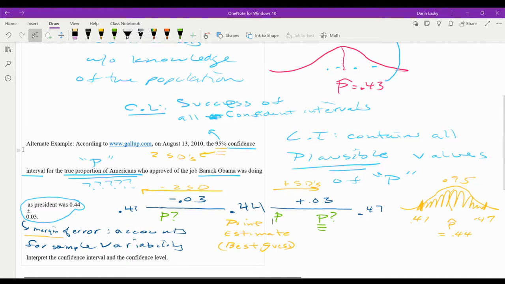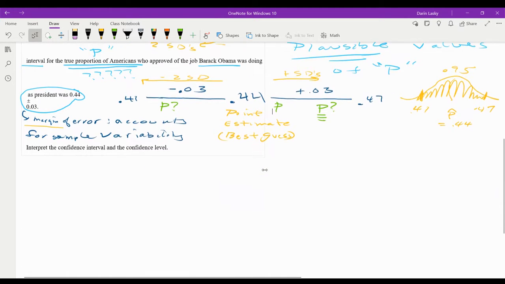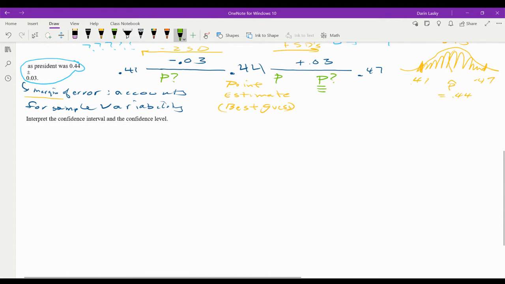So let's interpret those things real quick. We're going to interpret a confidence level here. I am going to give you a template here. I should have typed it out, but that's okay.